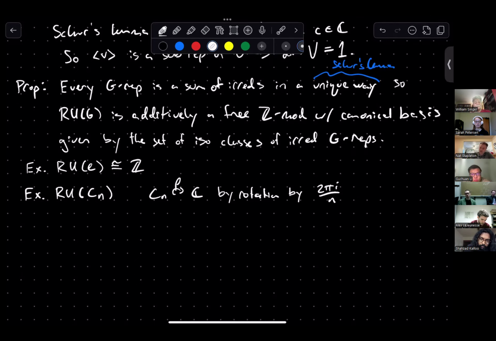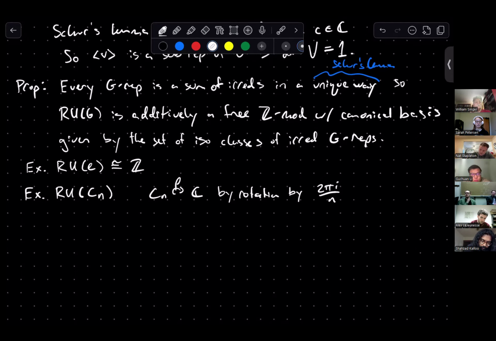And then I can tensor rho with itself. This gives us an action, which I'll call rho tensor rho, on C tensor over C with C, which is just another copy of C. Since this is acting by multiplication by something, once I take the tensor square, it's multiplying by the square, which is rotation by 4 pi i over n.